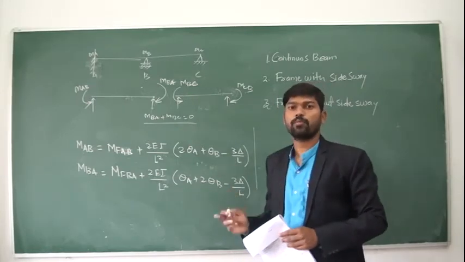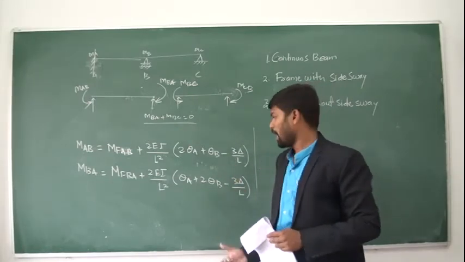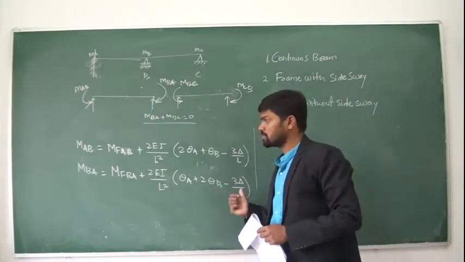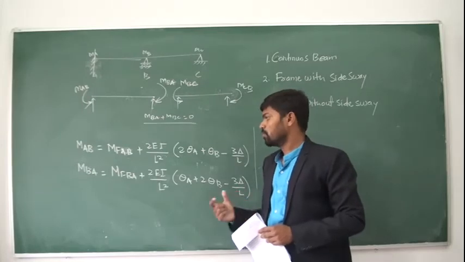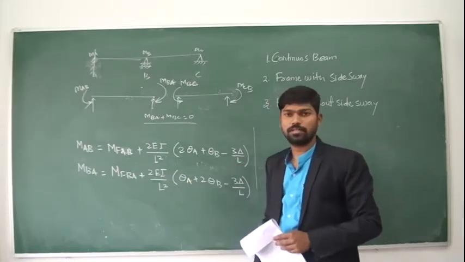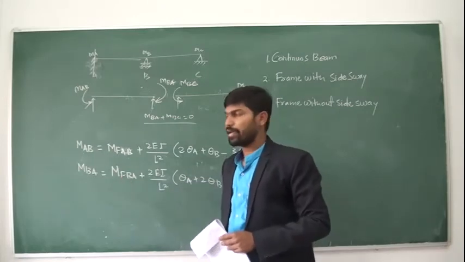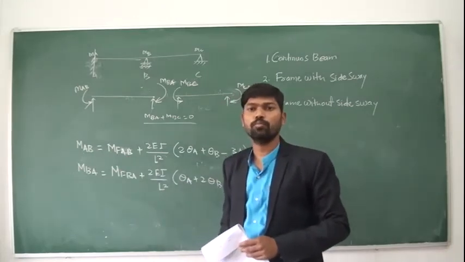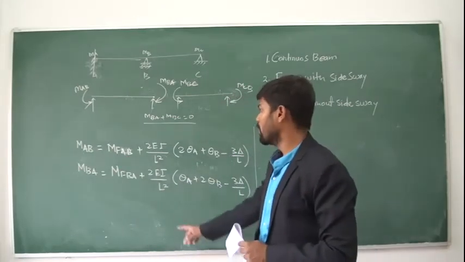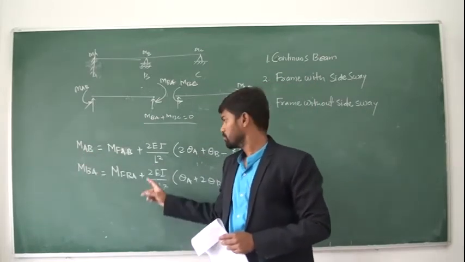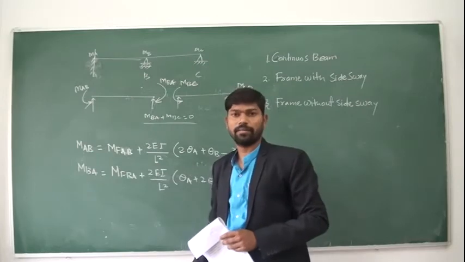It's a settlement of support for that particular span. And I have given the sign convention for this theta also and this delta also. EI is the rigidity, Young's modulus and moment of inertia. MFBA, MFAB, it's a fixed end moment. And L is the length of that corresponding span.